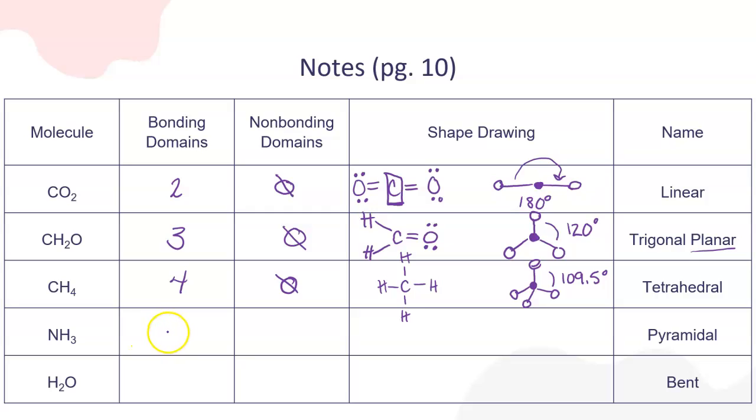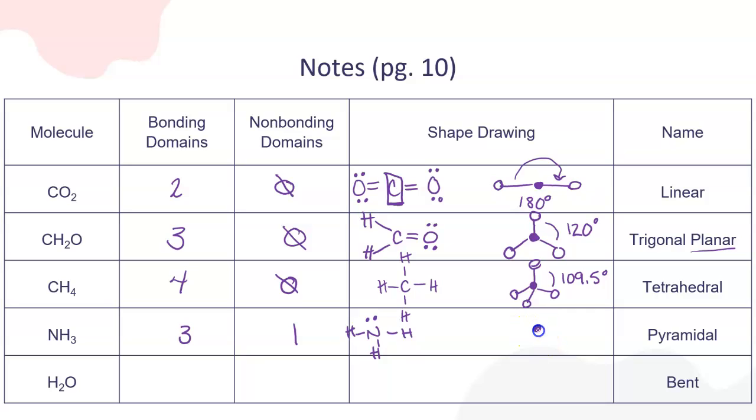Next, we have ammonia, which is NH3. So we draw our H's, and we should see that there's a lone pair on nitrogen. We count our bonding domains, which is 1, 2, 3. The lone pair is one pair, so that is one non-bonding domain.